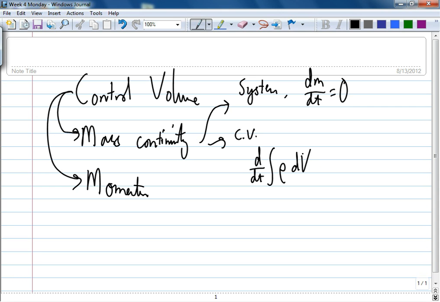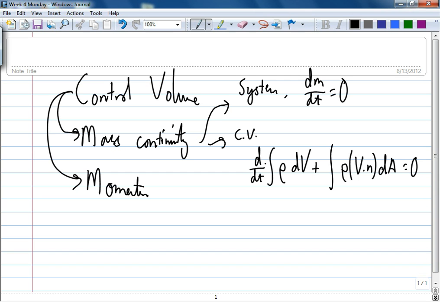This is the mass of the system, rho times the volume added up, so we have to change that, plus the integral of rho V dot n dA equals 0.